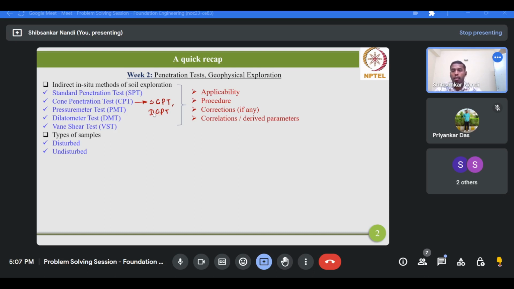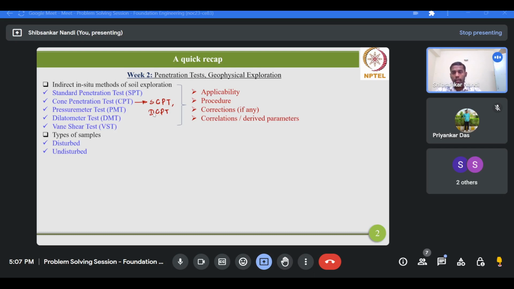So these are the definitions of disturbed and undisturbed samples, and I think you should know about the necessity and the application of these two samples. For example, you cannot use a disturbed sample for determining shear strength, consolidation, or hydraulic conductivity of soil. For determination of these properties, you require the undisturbed sample.